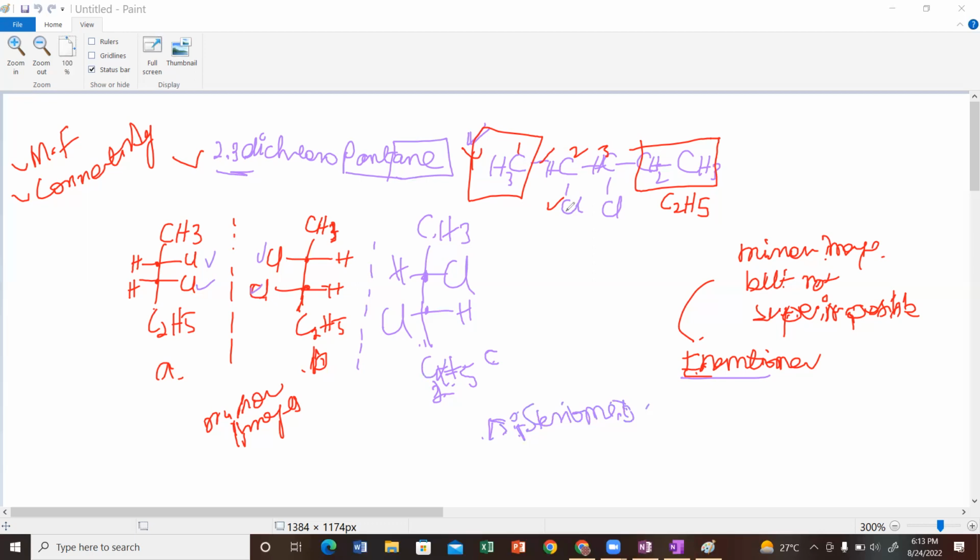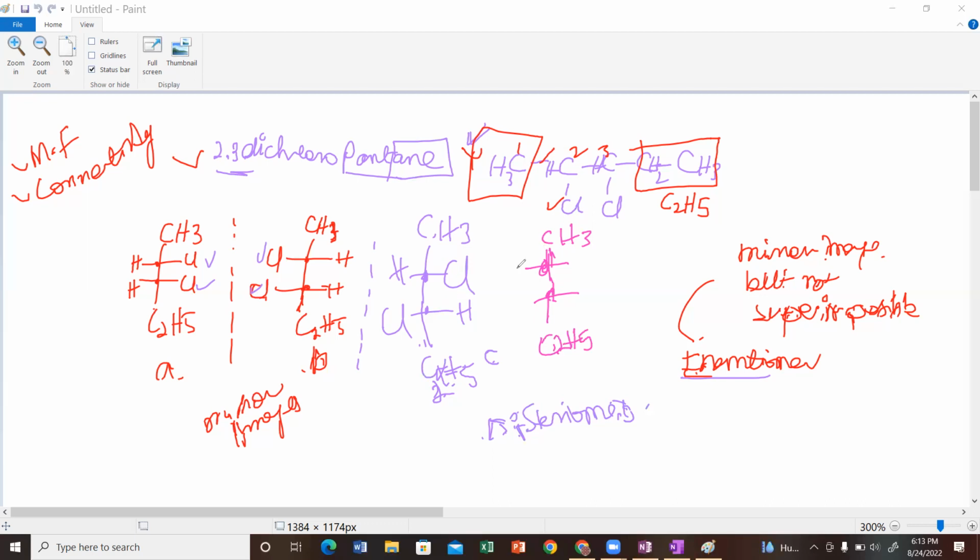Let us take one more possibility for this compound. The fourth possibility that we have is CH3 at the terminal, and C2H5. In the center, we were having two bridges, bridge number 1 and bridge number 2.